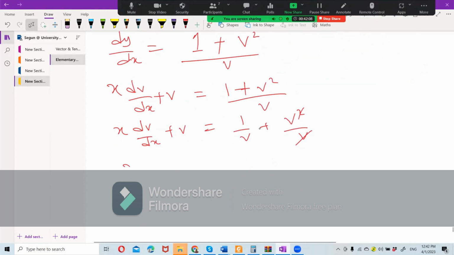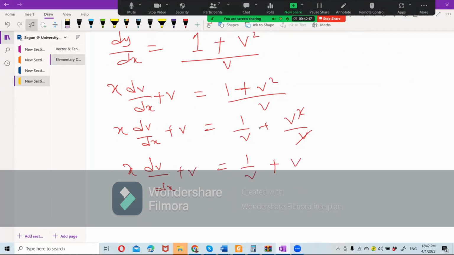So I have x dv/dx plus v equals 1 over v plus v.